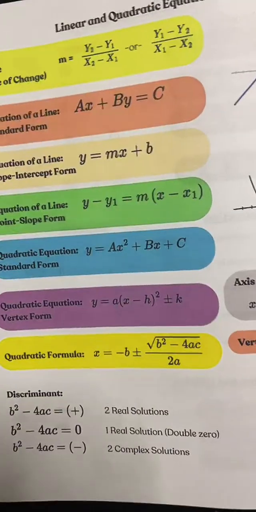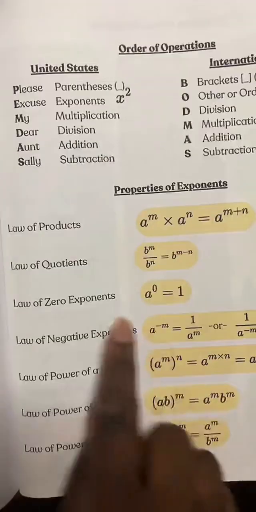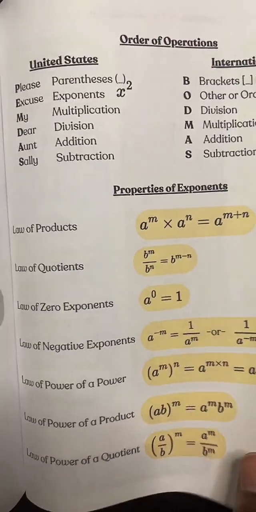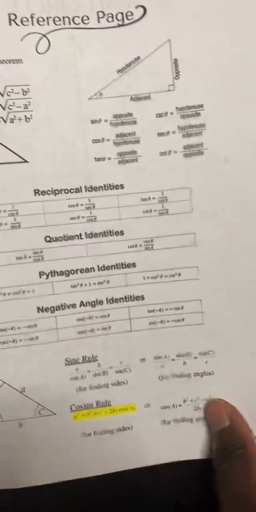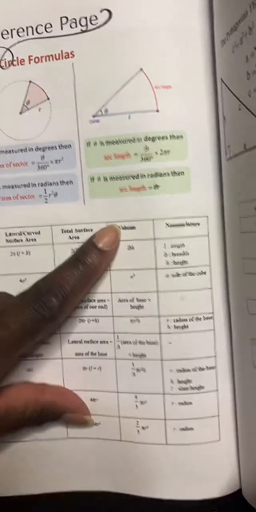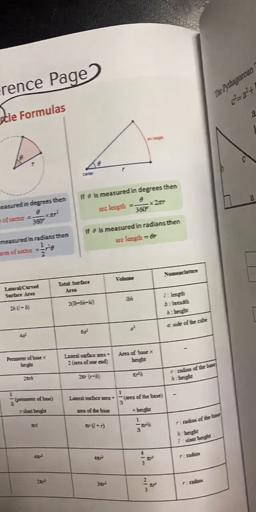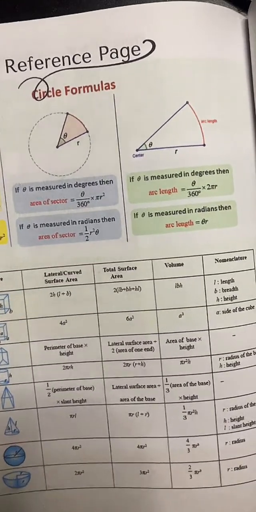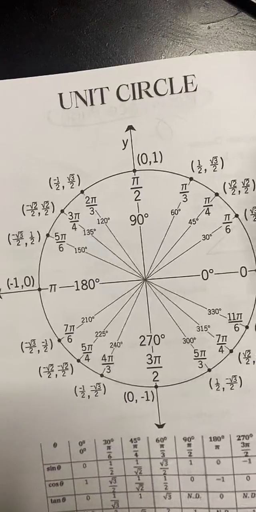Then we're looking at quadratic standard form, vertex form. We got our standard form for linear, also the order of operations, properties of exponents. Then we got a little more advancement with the Pythagorean theorem, SOHCAHTOA, some of the identities for our pre-calc people, some algebra 2 sometimes, but mostly pre-calculus. Then we got volume, we have surface area, the area of a sector, the arc length, the area of a circle, the equation of the circle, okay? And also, last but not least, your unit circle.